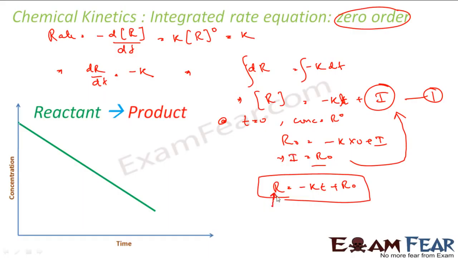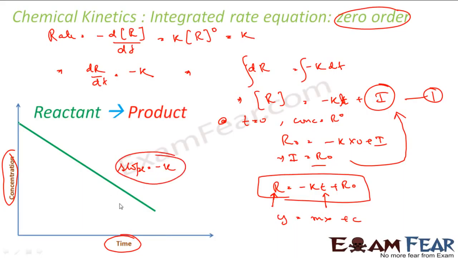Time is my variable. k is constant, [R]0 is constant. [R]0 is the initial concentration. This is almost similar to y equal to mx plus c. That means if on the y axis I draw concentration and on the x axis time, I'll get a straight line with a slope of minus k.